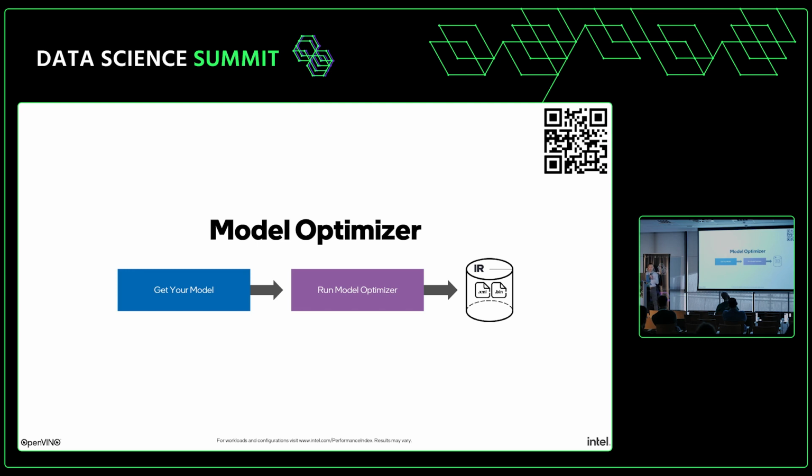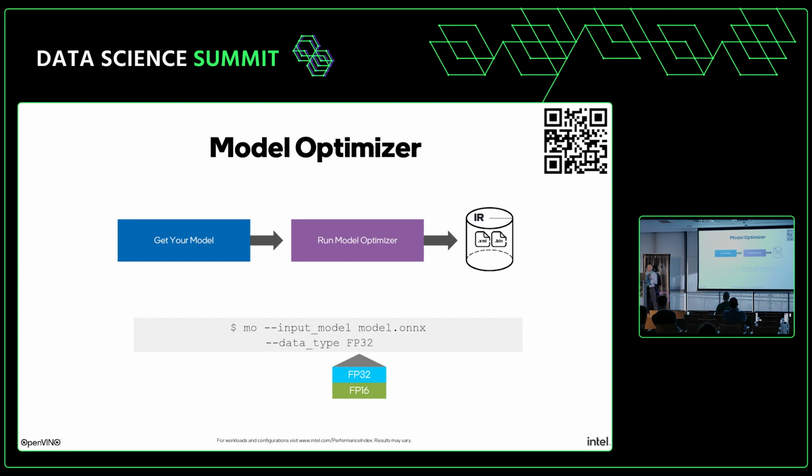But Model Optimizer not only converts your model to new format, it also performs some number of optimizations like graph pruning or fusing some operations together. How to use Model Optimizer? You need to install OpenVINO development package and use MO command line tool, giving some parameters like path to your model or desired precision. What precision can you use here? Floating point 32 and floating point 16 for even better performance.